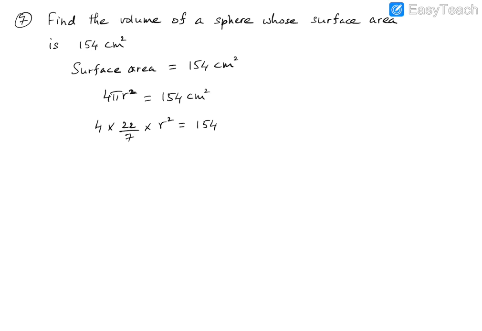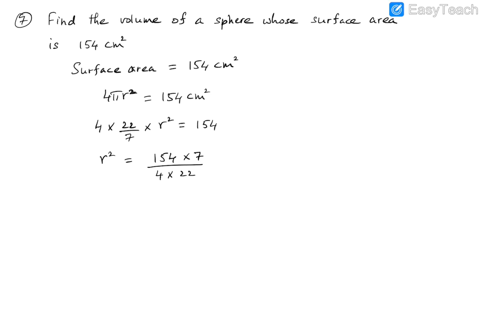We can now simplify this to find the value of r square. So r square will be 154 into, we take the 7 to the other side, it goes to the numerator, and then we have the 4 and 22 coming to the other side in the denominator. So that's 4 into 22, and we can simplify this.